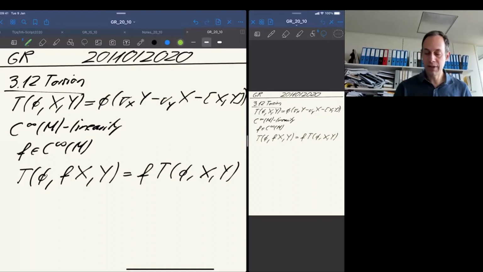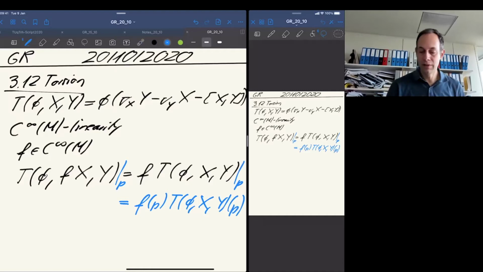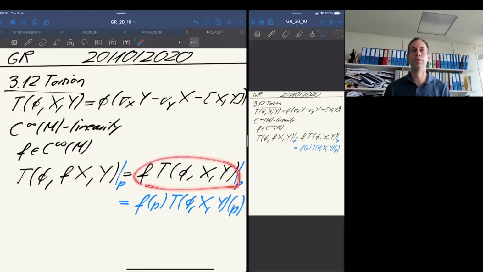So what this means, if I multiply the tensor with f, is that if I evaluate this entire tensor, so the entire product here, at a certain point P, then, so let's do that, maybe I want to evaluate both sides at P. So I put this little dash here, P. What this means is that it's f at P and then T(phi, x, y) evaluated at P. So that's how the product is defined on functions of the manifold.